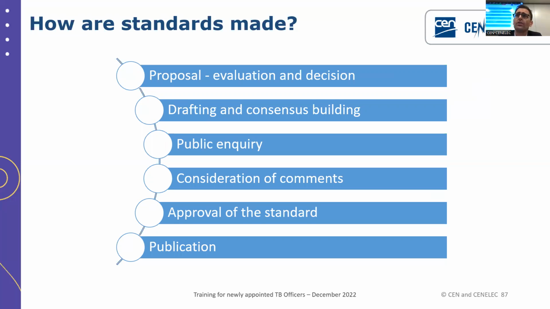After the inquiry closes, we normally enter into a stage that we call consideration of comments. So the comments received at inquiry need to be discussed. And then the document is submitted to a formal vote. And if the vote is positive, it means that we enter into the finalization stage, and then towards the publication of the standard.